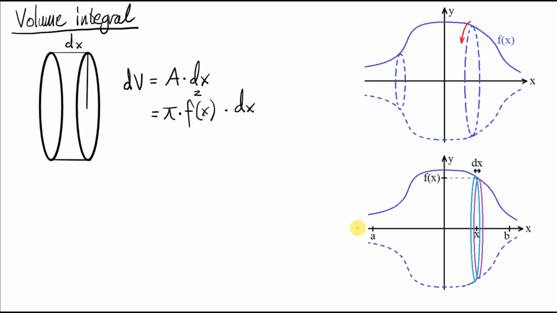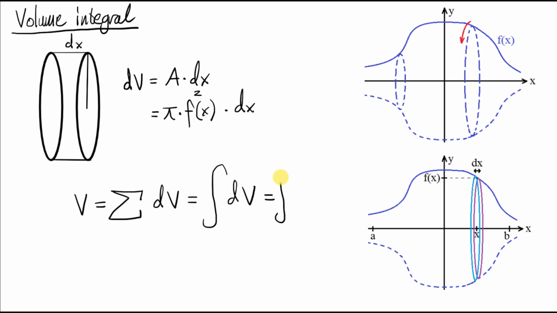Now we need to add all these slices. And in mathematics you write the sum as a sigma. In the limit when dx becomes very small, this is just making the integral. So the total volume is the integral of this.